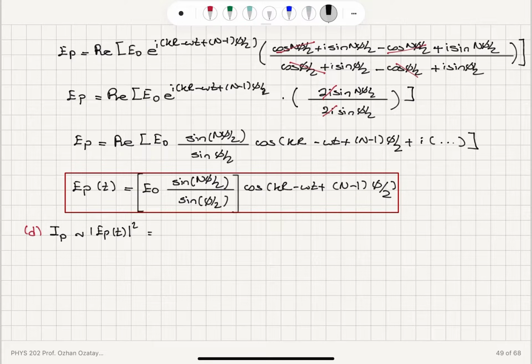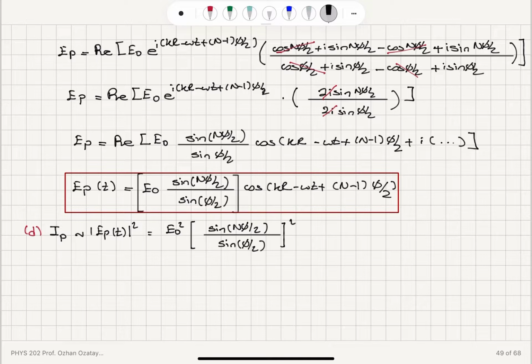So it will be E0 squared times sin(Nφ/2) over sin(φ/2), that's the amplitude of the wave from part C, squared.